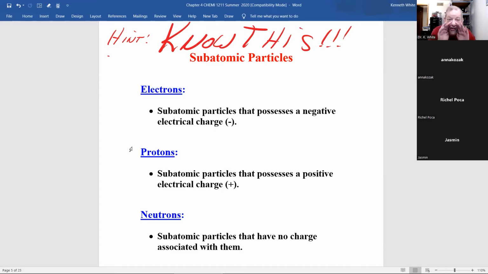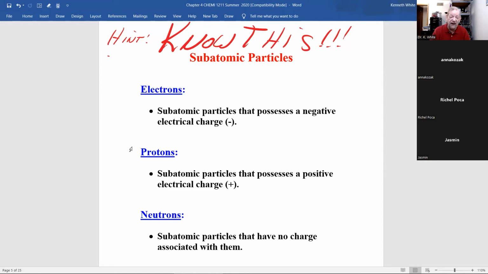Again, you should know this. And you should know electrons have a negative charge, protons have a positive charge, and neutrons have no charge. And these are the three building blocks that make up all the elements in our universe. Mother Nature came up with a system whereby putting the electrons, protons, and neutrons together, in different amounts, we have different elements.